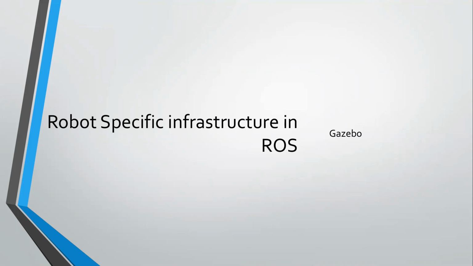For this level of introduction, I'll stick with Gazebo and explain how things are done there, see what we can do with it, and later explain some implementations where we can use additional robot specific infrastructure.